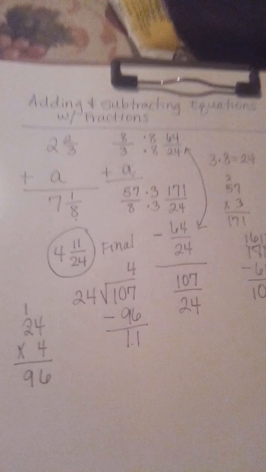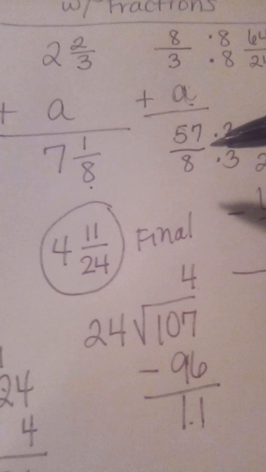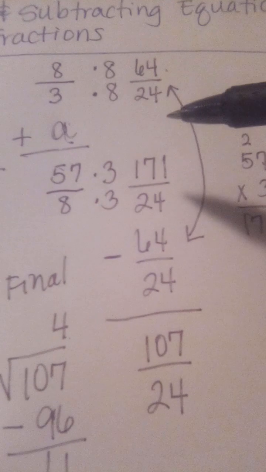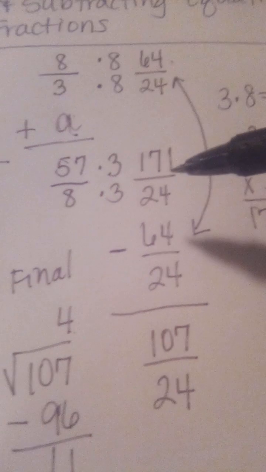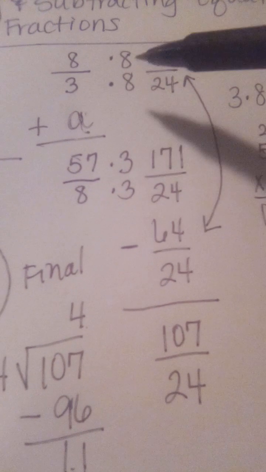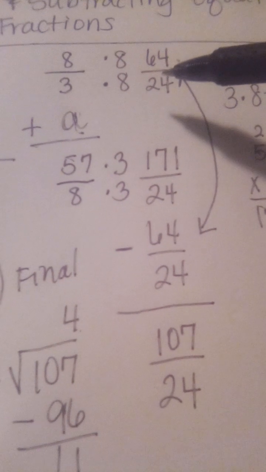There we have it. First things first, we turn these mixed numbers into improper fractions like I did before. Then the second step is finding the common denominator, which is 24. And then we find the numbers that divide evenly and multiply to get what is in front of us.